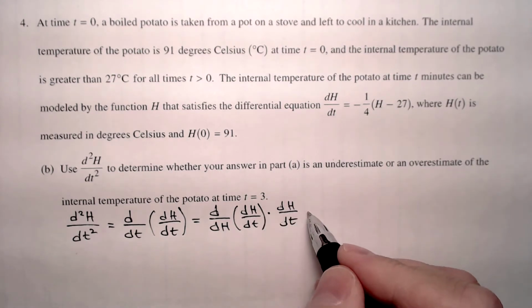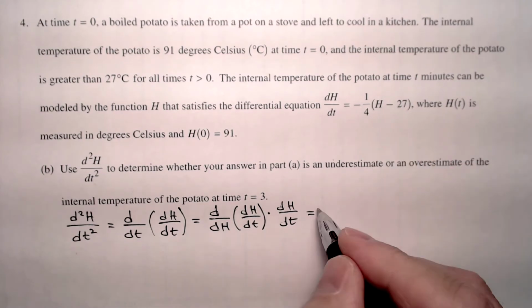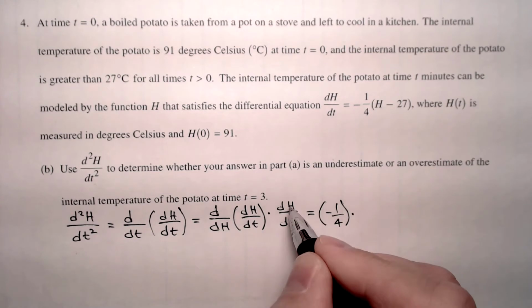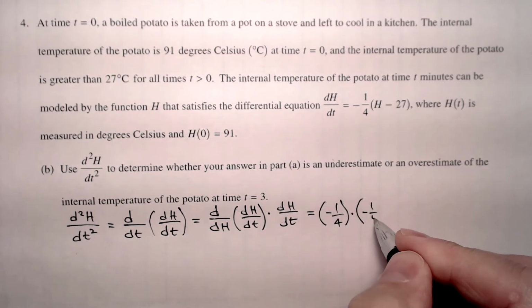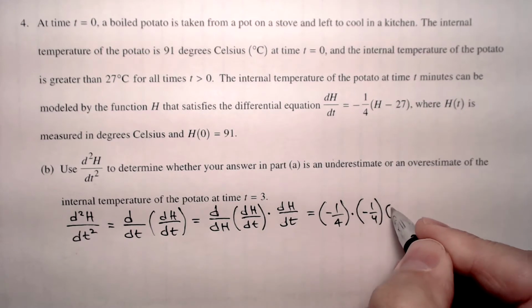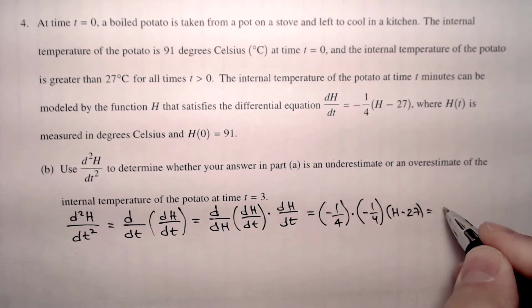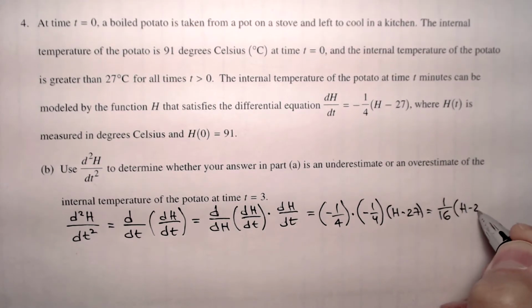So what is our derivative with respect to h of this expression? It is just negative 1/4, and then times the derivative itself, which is negative 1/4 times h minus 27, which is equal to positive 1/16 times h minus 27.